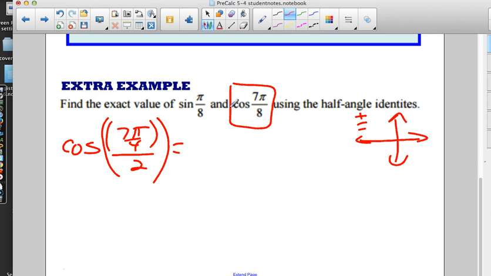So we're going to be using the negative formula for the half angle identities. We're going to use a negative square root of 1 plus the cosine of 7 pi over 4, and that's going to be over 2.